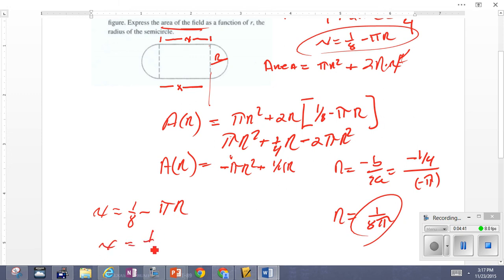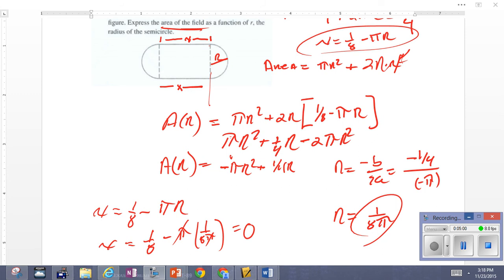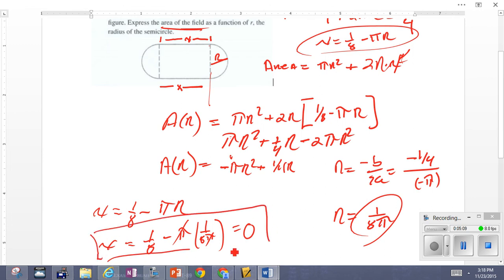It becomes 1/8 minus pi times 1 over 8 pi, which becomes 1/8 minus 1/8, which means it's 0, which means the area is optimized when the figure is a circle and there are no straightaway lengths, because we've just illustrated that that's optimized when x equals 0. So a rather interesting problem. Sorry for the interruptions, and that's that.